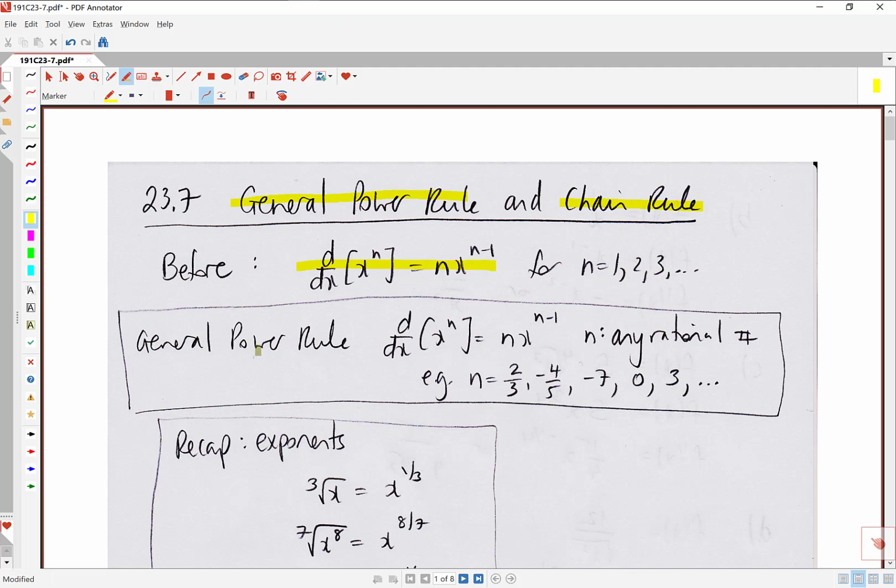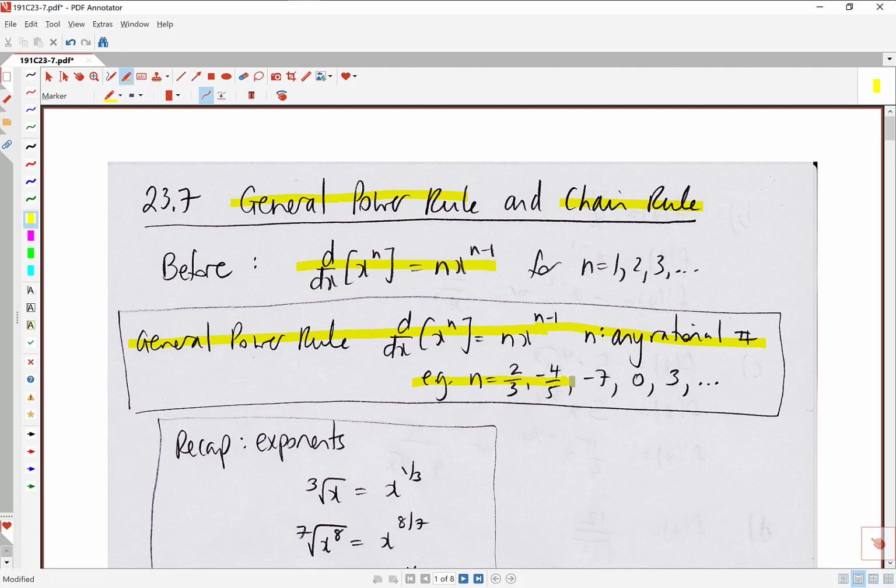So what we're doing with the general power rule is we're just expanding this rule to include a few other n values. So now we're going to say this applies where n is any rational number. So when we say rational number, we're talking about all the fractions, including negative fractions. So that would include things like, say, positive 2/3, but also something like negative 4/5.